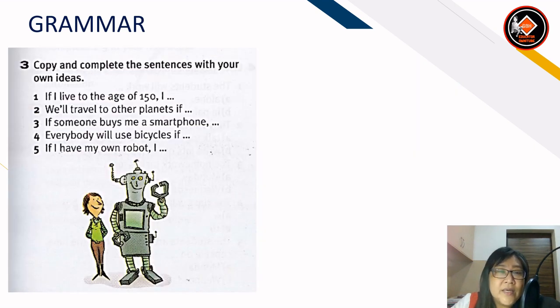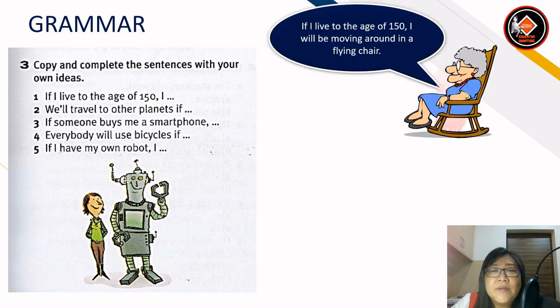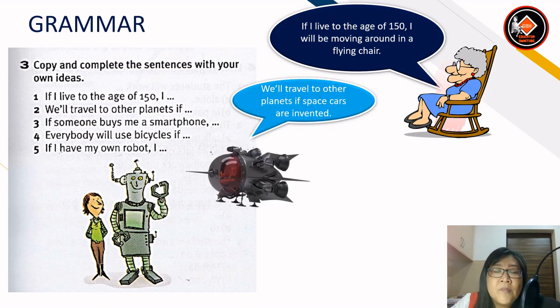Dear students, you can copy and complete the sentences with your own ideas. For example, the first one, if I live to the age of 150, maybe you can say, if I live to the age of 150, I will be moving around in a flying chair. Number two, you travel to other planets if space cars are invented.